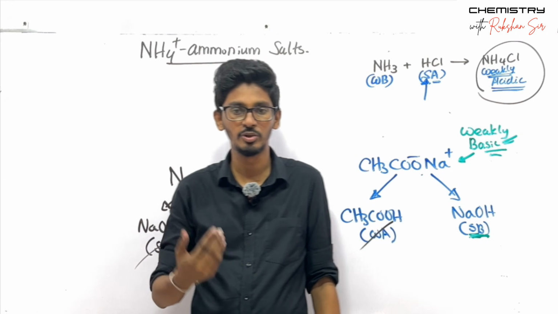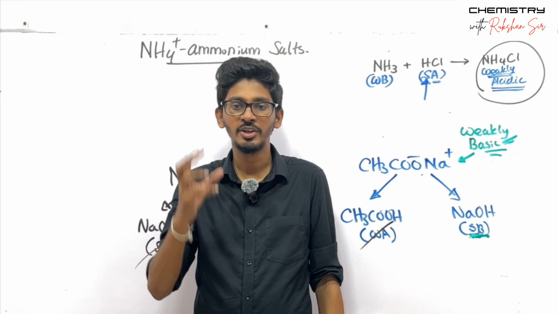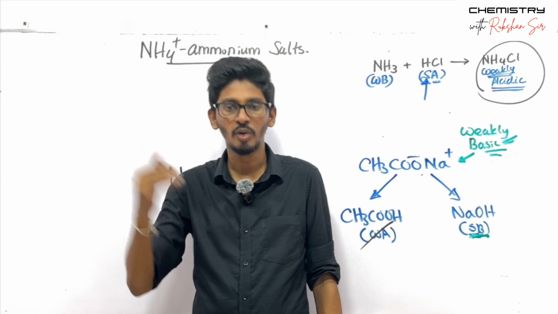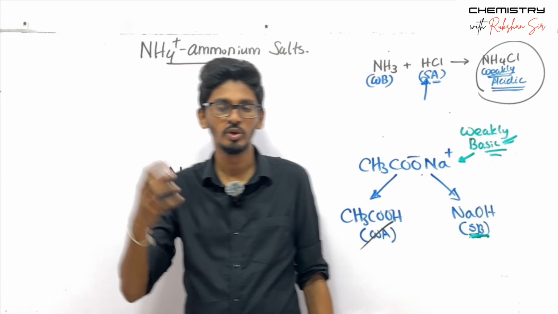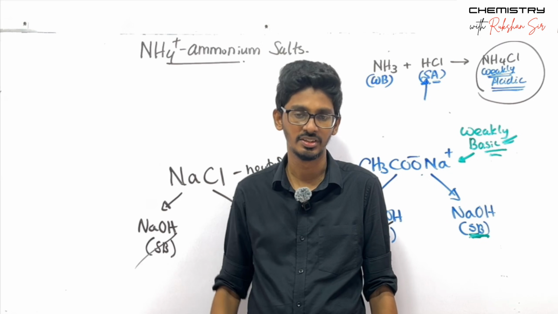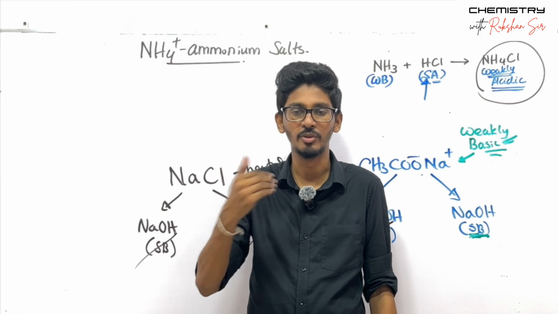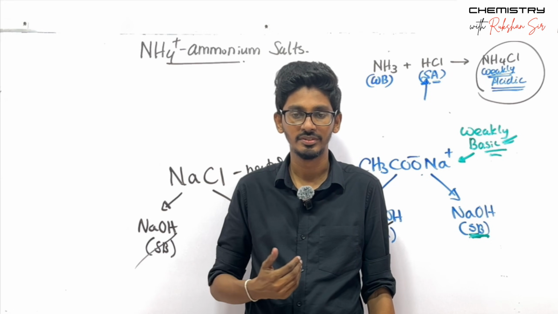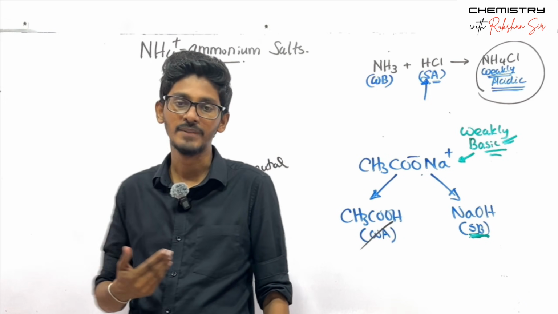That is referred to as the reactions of ammonium salts with strong bases, where the ammonium salts show their acidic nature. That is one kind of reaction we have to discuss under the ammonium salts.